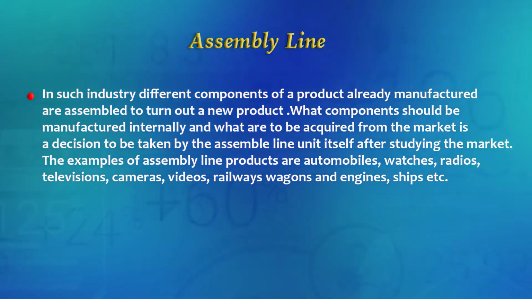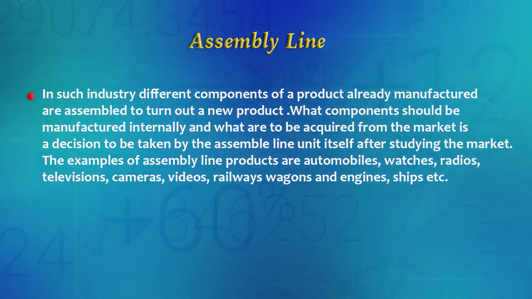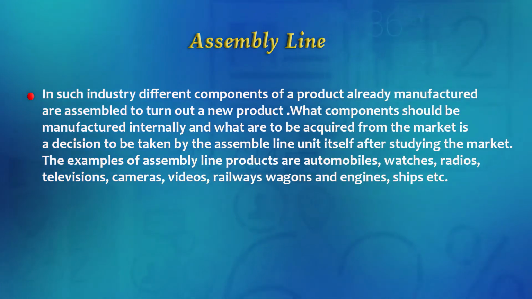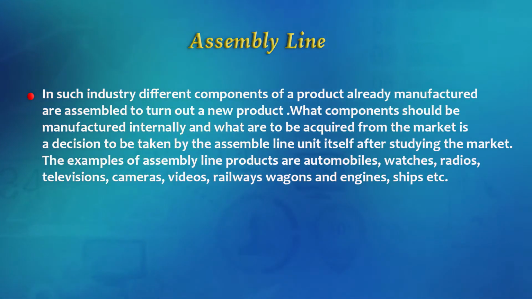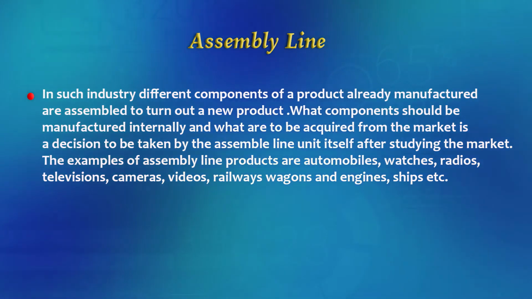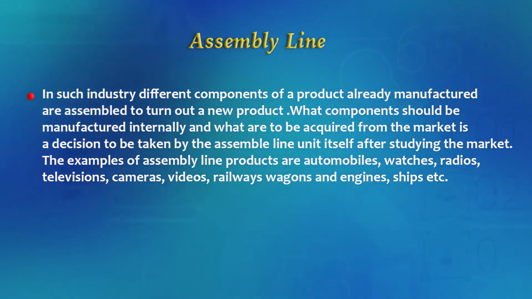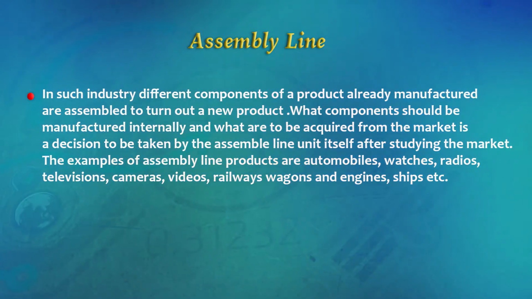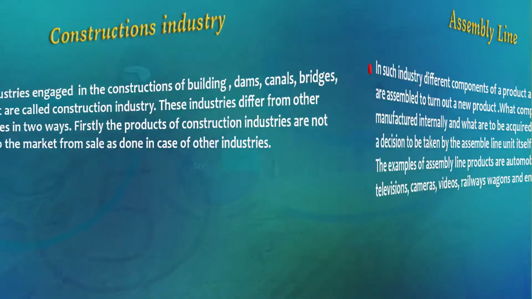The examples of assembly line products are automobiles, watches, radios, television, camera, video, railway wagons and engines, ships, etc.